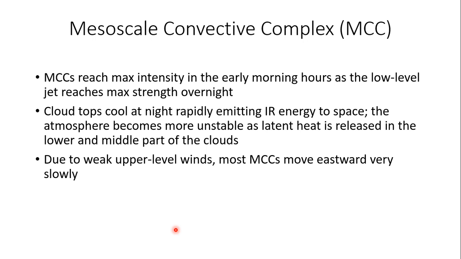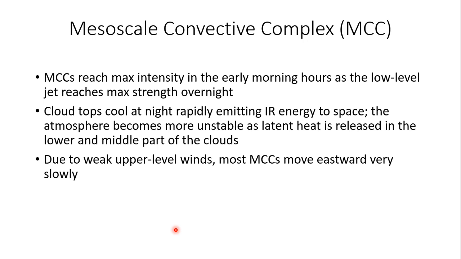Now, MCCs tend to reach max intensity in the early morning hours as the low-level jet reaches maximum strength overnight. So guess what? We're not needing the sun out with this type of thunderstorm complex. Most thunderstorms form during the heating of the day due to the instability produced by the sun being out. MCCs do not rely on that at all.